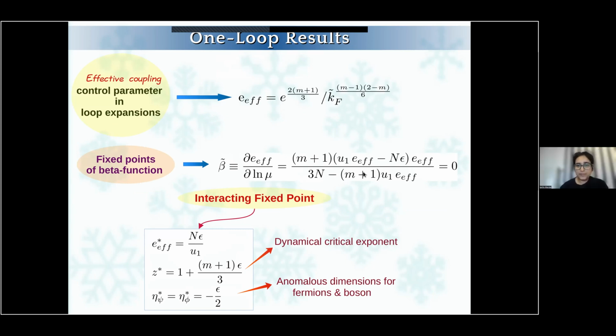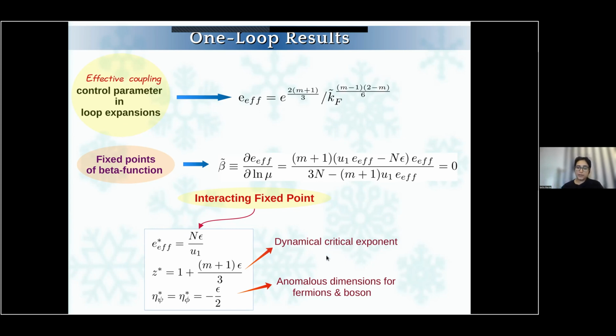And the zeros of this beta function help us to identify the fixed points of the theory. Now we have the Gaussian fixed point and we have the interacting fixed point. We are interested in the interacting fixed point, which has the non-Fermi liquid behavior. And at this fixed point, we find that E effective takes this value, which is proportional to epsilon. And remember, epsilon is the difference between DC and the physical dimension.